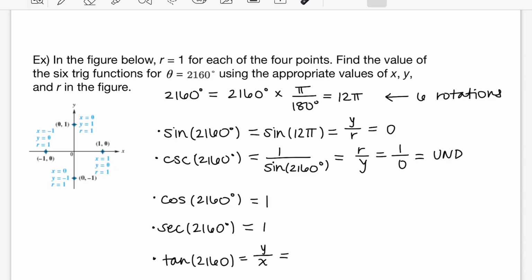We know that y is going to be 0 and x is going to be equal to 1, so this will just give us 0. And similarly to that of our cosecant function, cotangent is going to be x over y. So in this case, we will get 1 divided by 0, so this guy is going to be undefined.